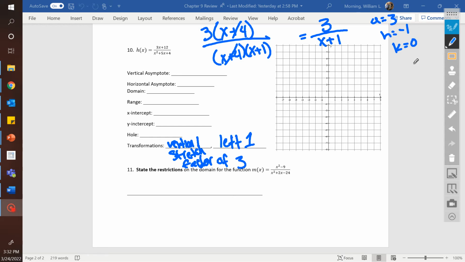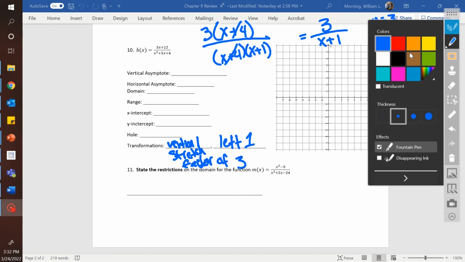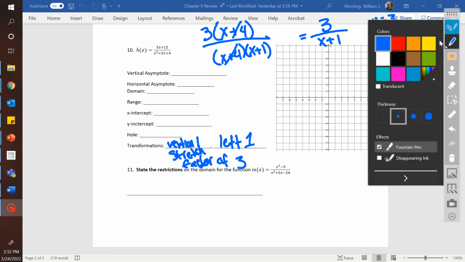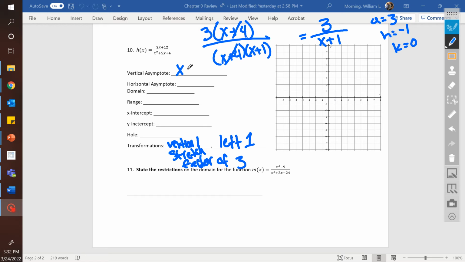Okay, and just like before, I am just going to make a quick sketch here. I'm not going to do the actual points. So my vertical asymptote will be at my h value, so x equals -1. My horizontal asymptote will be at my k value, so y equals 0. So I can put these on my graph here.